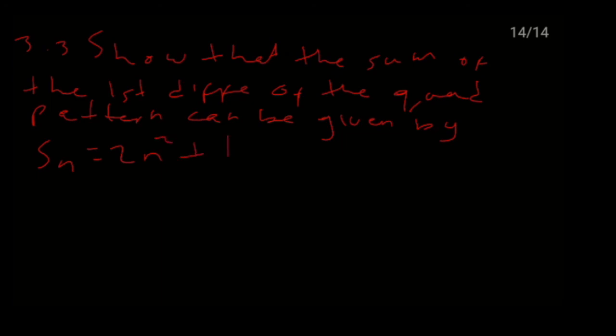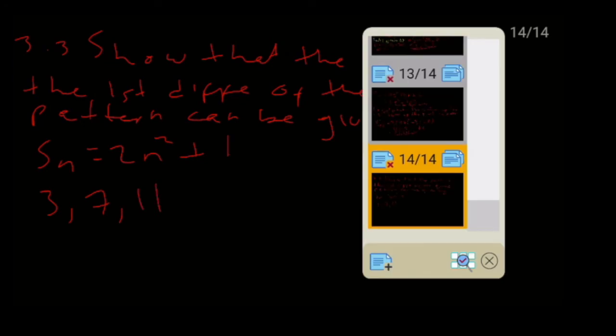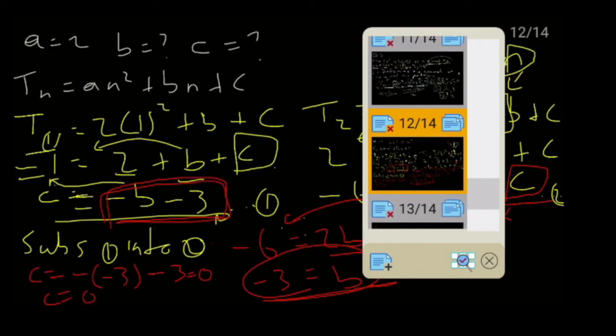Now let's go back and look at our first difference in that quadratic pattern. Our first difference was given by 3, 7, and 11, right? Let me just double check.